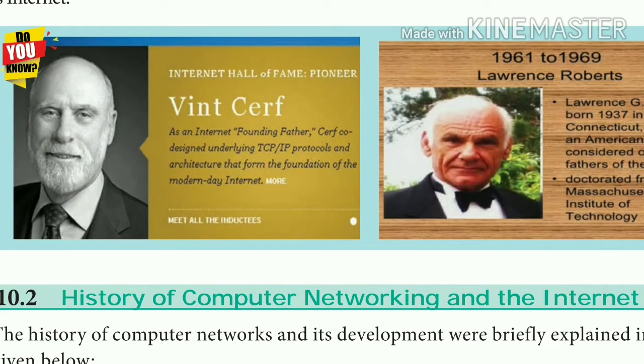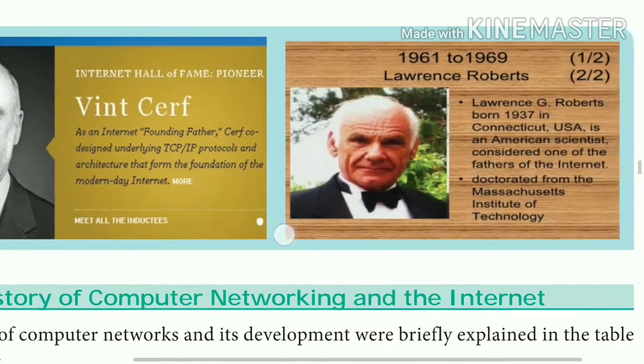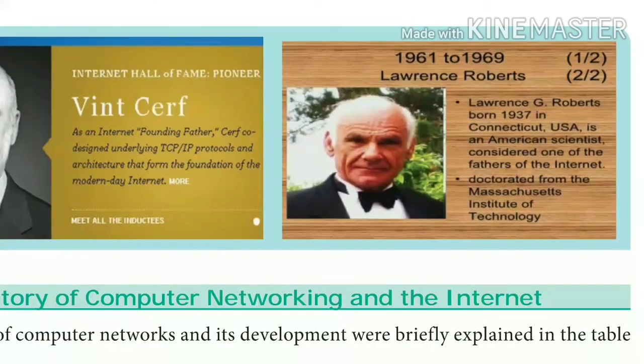This person is known as Internet Hall of Fame. Okay. So next is Lawrence Roberts. So this person is an American scientist, also known as a father of the internet. Okay, so these two persons invented this internet.